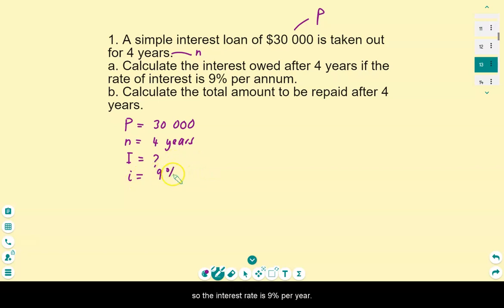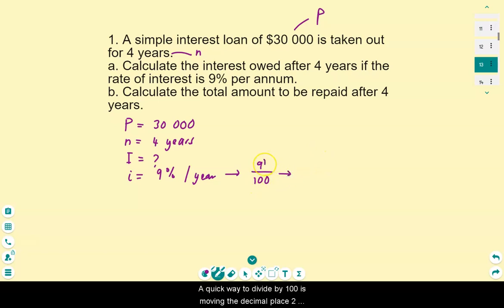So the interest rate is 9% per year. And percent means divide by 100. A quick way to divide by 100 is moving that decimal place 2 places because there's 2 zeros. So 0.09, we'll just put a 0 there, 0.09 per year is the decimal which we use in our calculations.